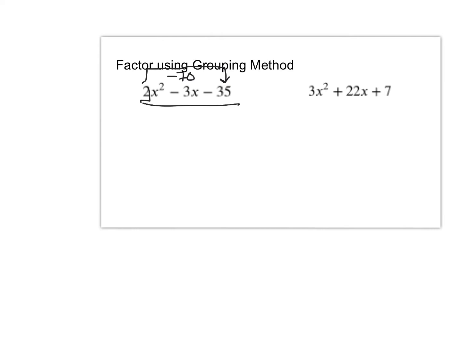Okay. So let's set up our equation. So 2x squared dash x minus 35. All right, so now we're going to do our PS2 here. My product is right here, negative 70.